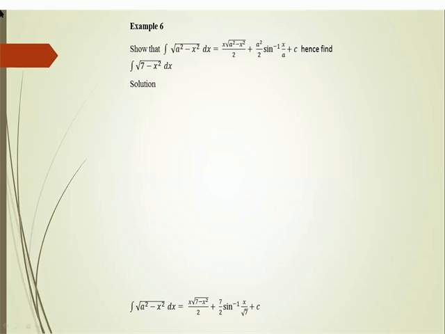So we have x square root of a square minus x square all over 2 plus a square all over 2 sine inverse x over a plus c. That is what we have there, and that's exactly what we have on the board.